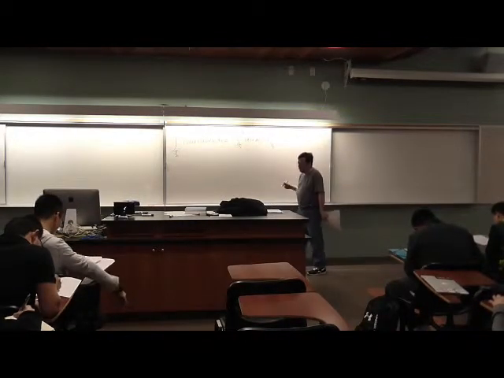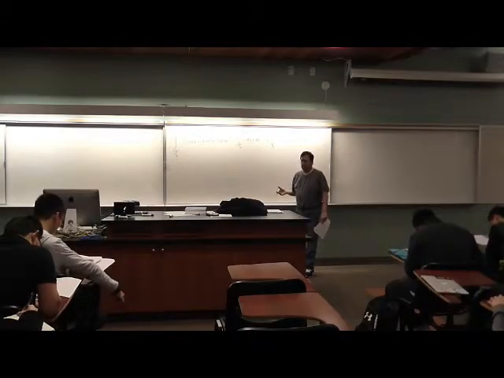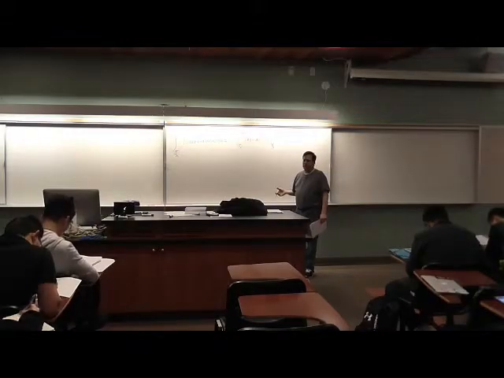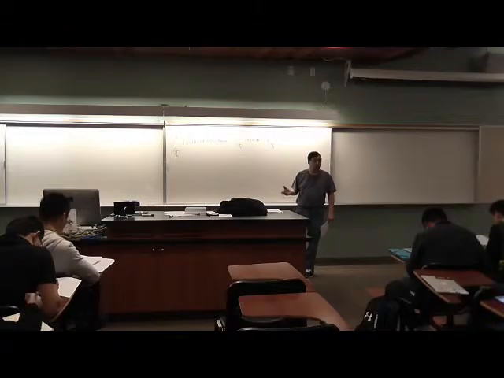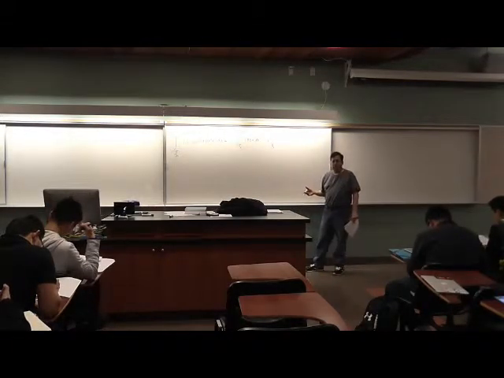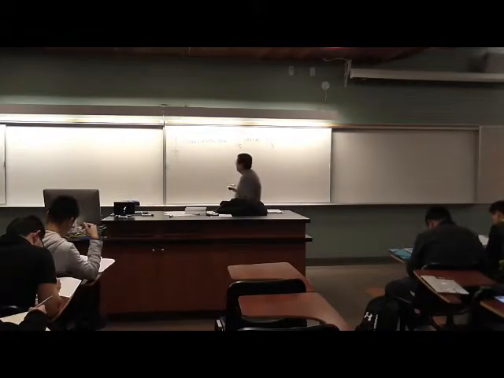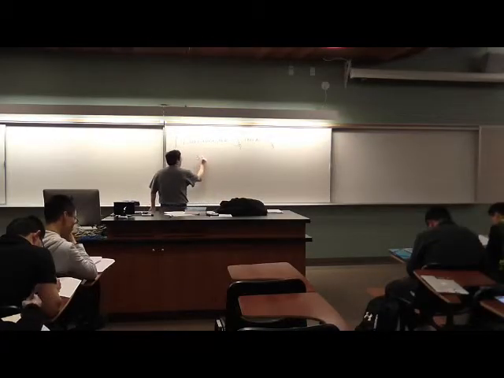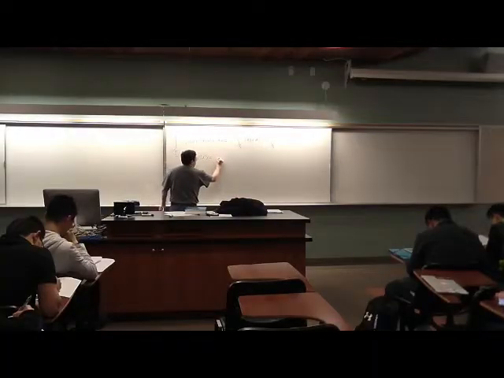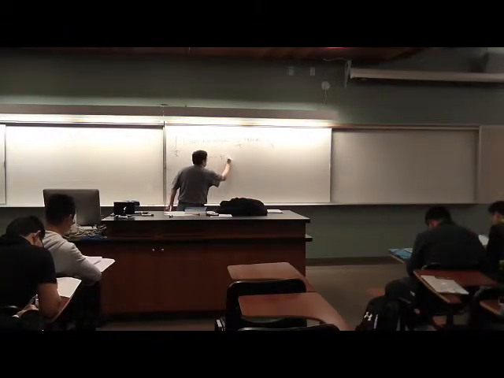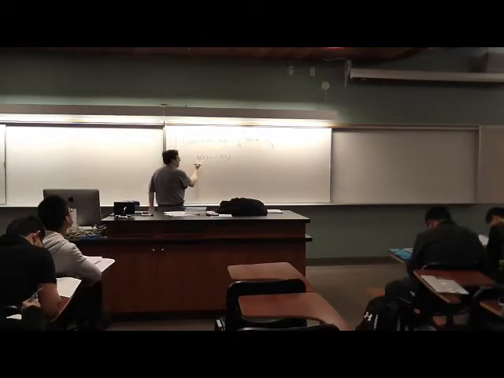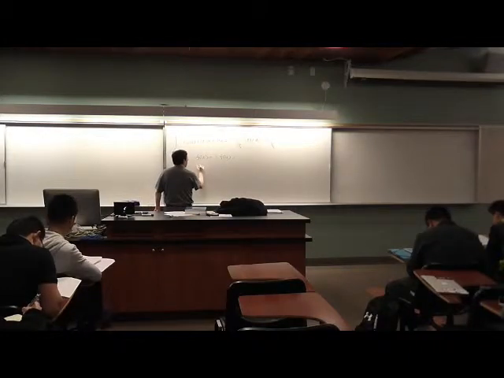Let's think about this now. The sine is an odd function, right? So if I cube it, I get what kind of function? Odd function, right? Everyone see why that is? If I know f of x is an odd function, if I cube both sides of this, what do I see?